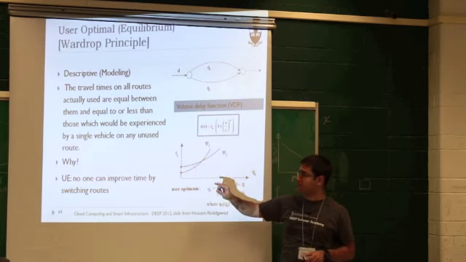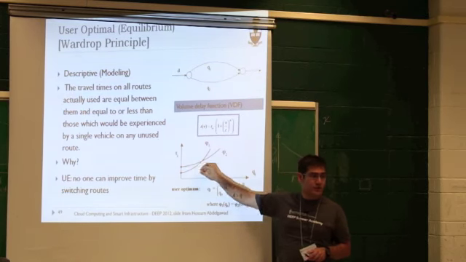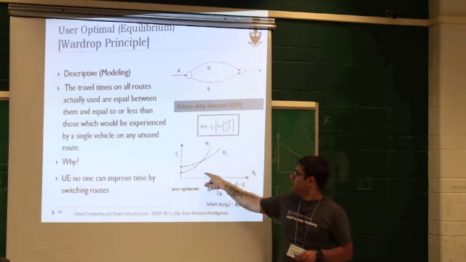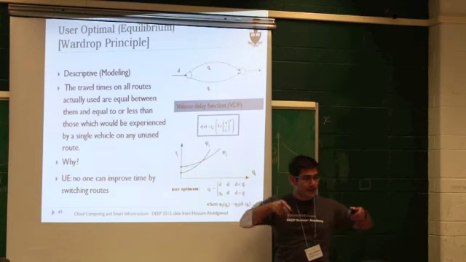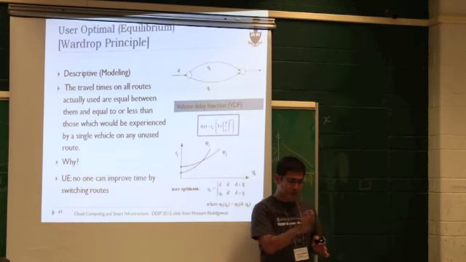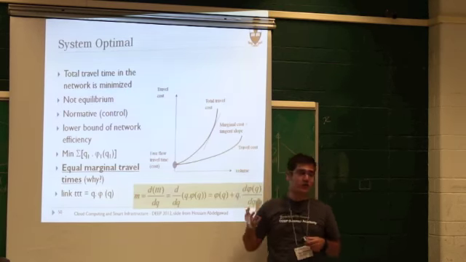This is user equilibrium. At a point here, when you have an intersection, the travel time per vehicle on that link is going to be the same. So if you go through link 1 or if you go through link 2, it's going to take you the same time.